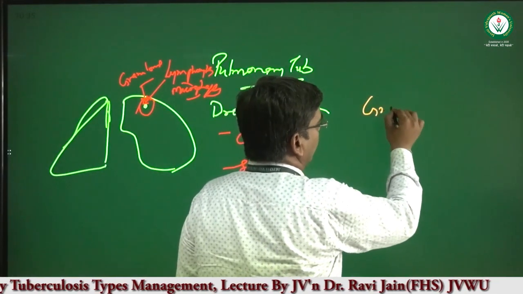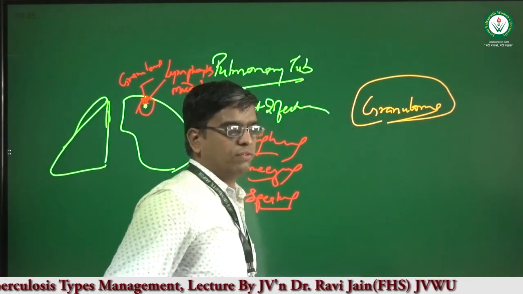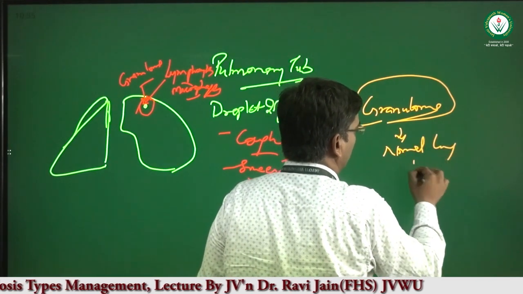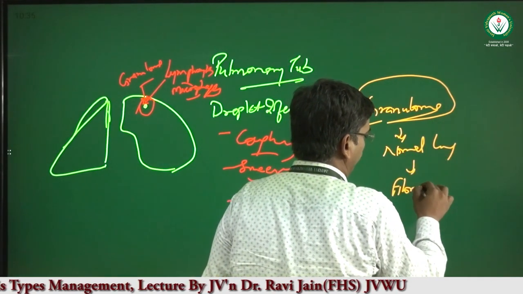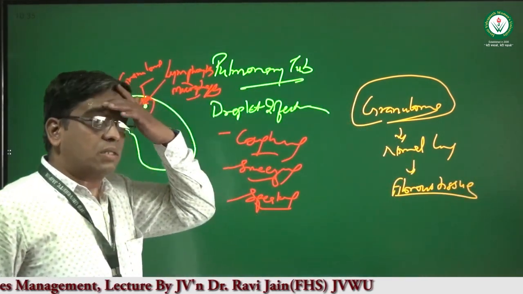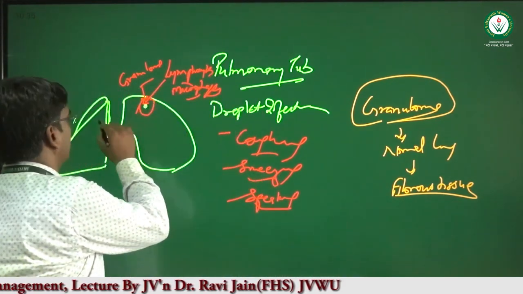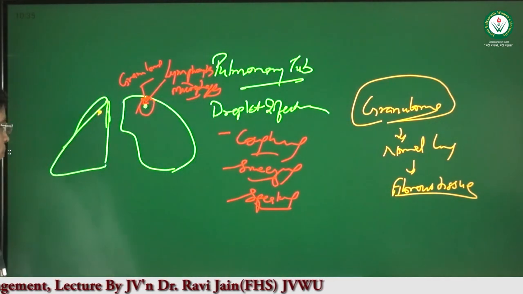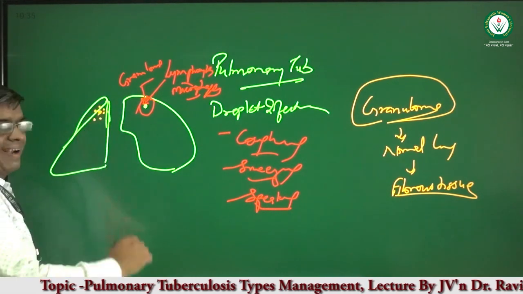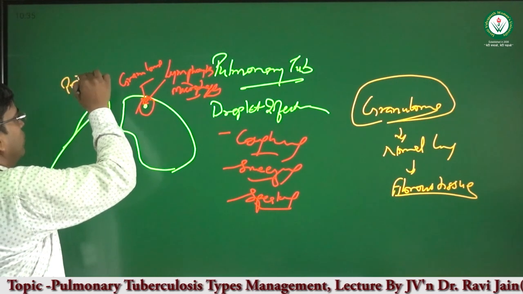Now, what is a granuloma? Granuloma is nothing but the replacement of the normal lung tissue by fibrous tissue. This granuloma is formed at the apex of the lung.